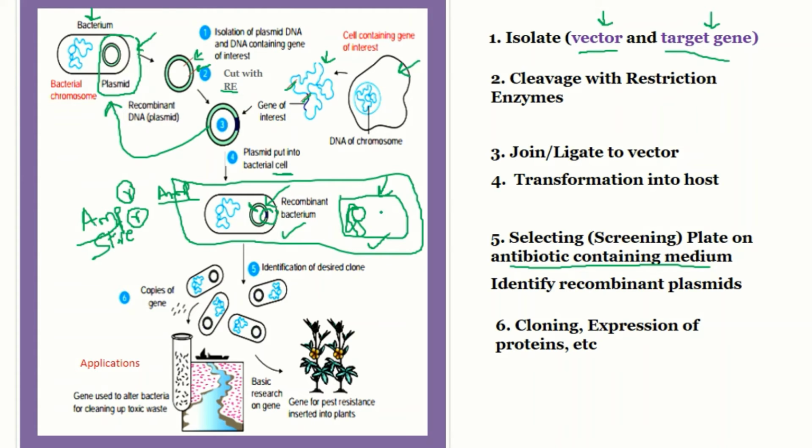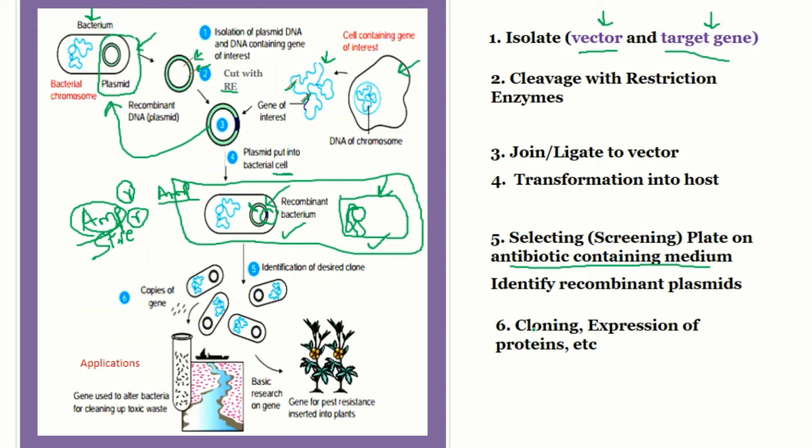Those that did not take up our plasmid will die, because they do not have a gene that is resistant to ampicillin, so ampicillin destroys them, and that is what we call screening. In our medium, only those that have recombinant plasmid grow. Okay, that is step number 5.